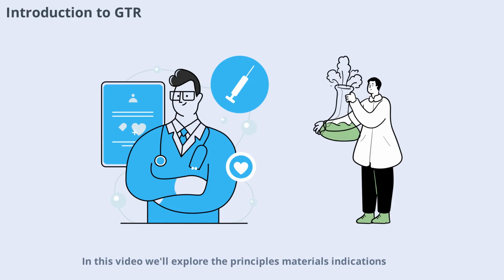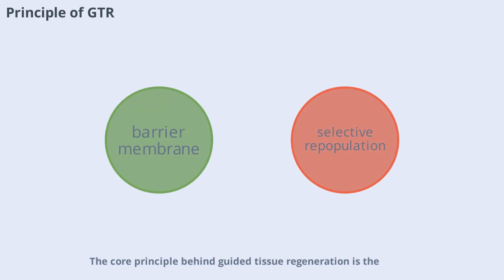In this video, we'll explore the principles, materials, indications, procedures, and advances in GTR, guiding you through each step of this fascinating regenerative process. The core principle behind guided tissue regeneration is the selective exclusion of certain cell types from the healing site.